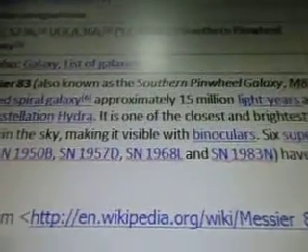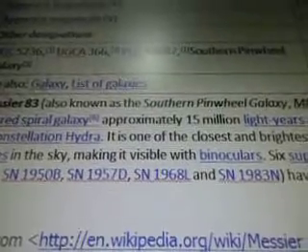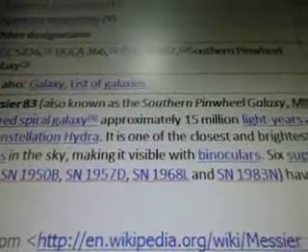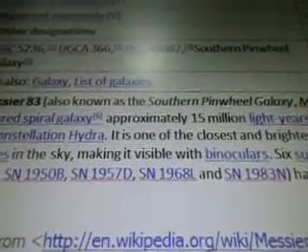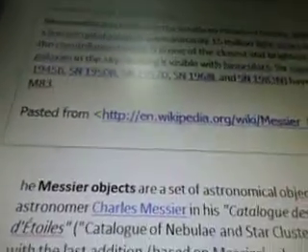It is one of the closest and brightest barred spiral galaxies in the sky, making it visible with binoculars. So you can actually stand outside and take a look at it. You have to be in the southern hemisphere or the far north hemisphere, the southern end of the north.